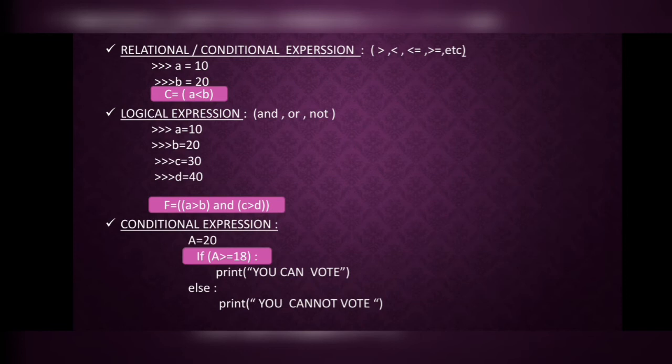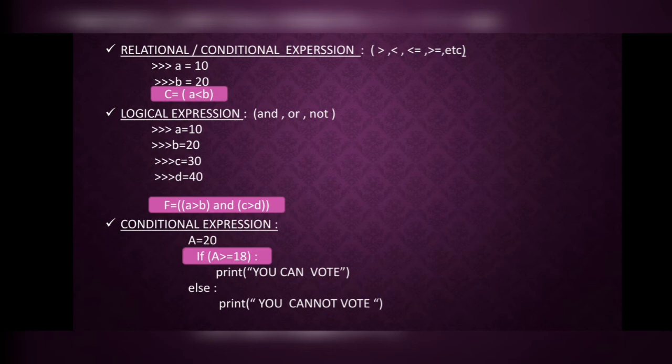The logical expression uses the logical operators like and, or, not. The logical expressions also produce a Boolean result, either true or false. Here, the logical expression combines two relational expressions with a logical operator, and the result of a greater than b is false and the result of c greater than d is true. So the final result is false.